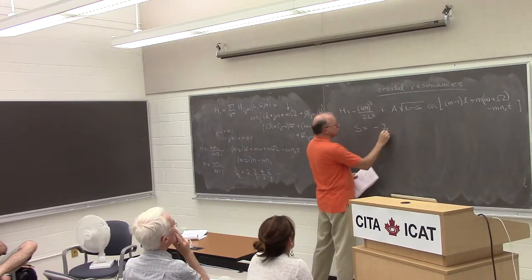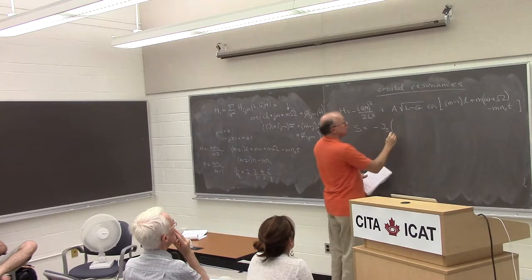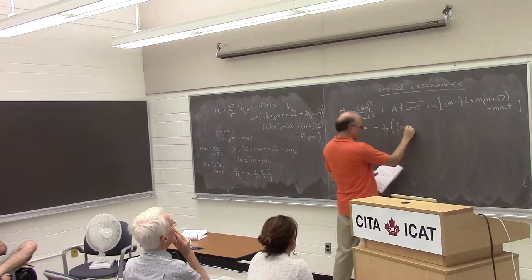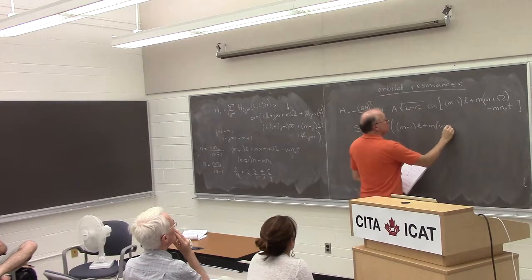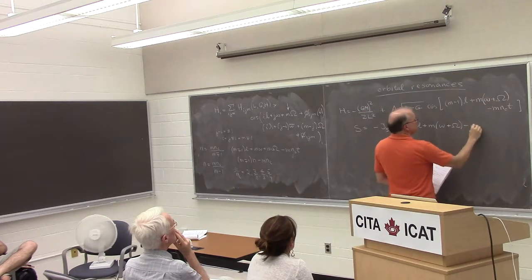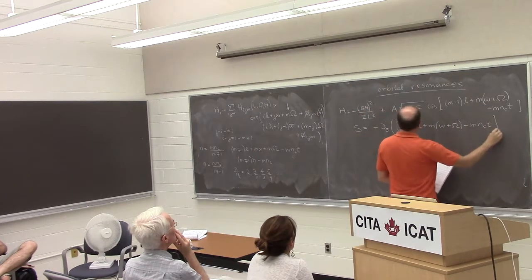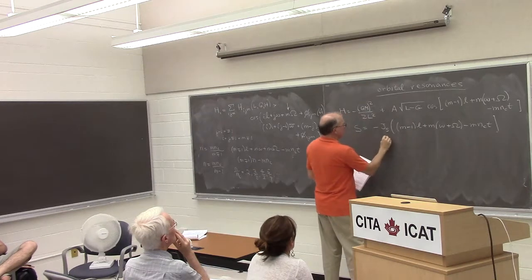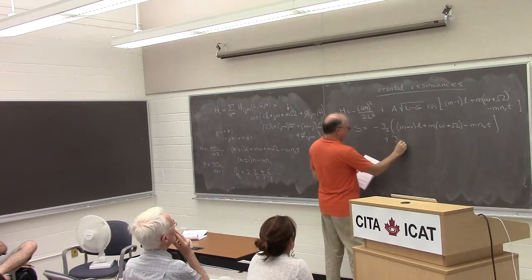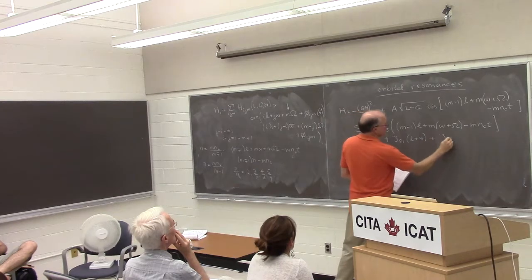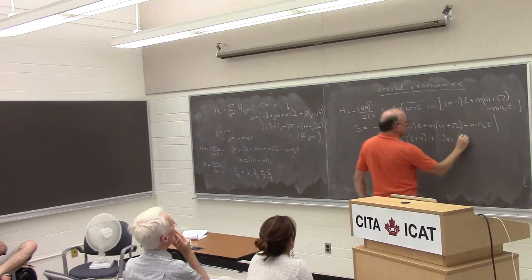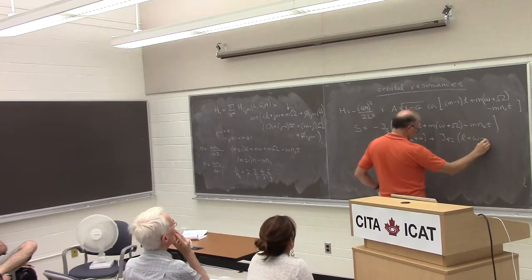One of them I'll call J sub s, and I'll make this (M minus 1) L plus M omega plus capital omega minus M n_c t. The second one I'll call J_F1, and then another one I'll call J_F2.